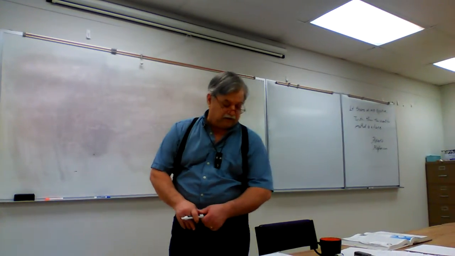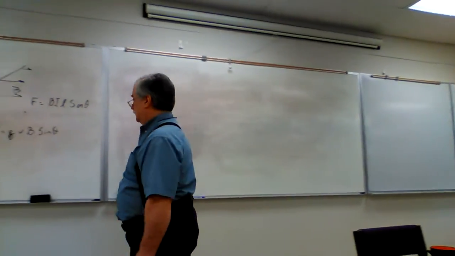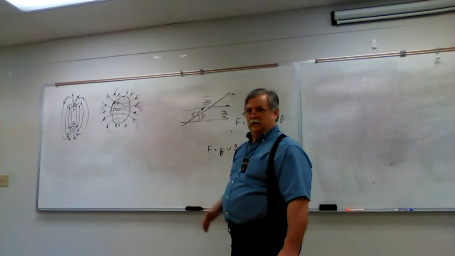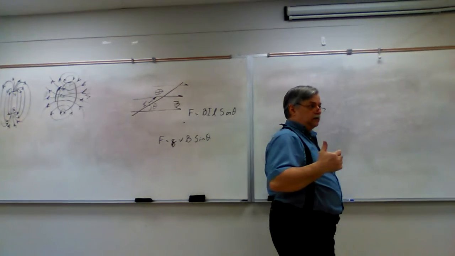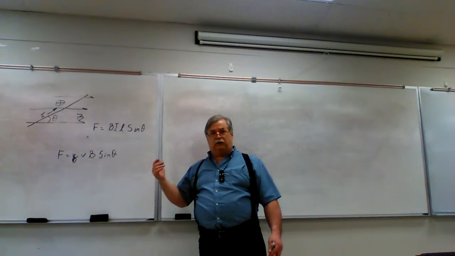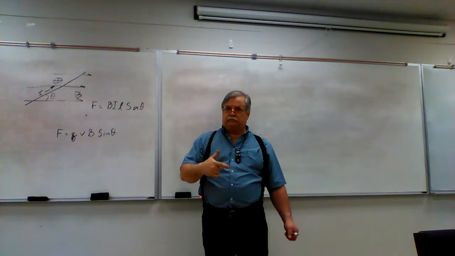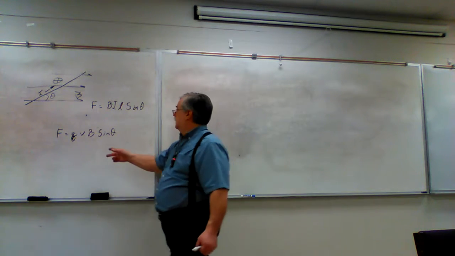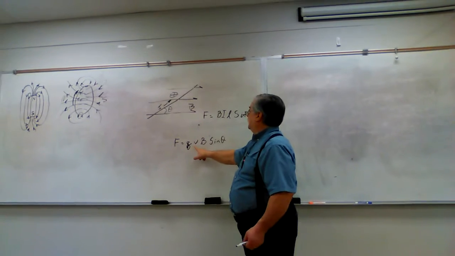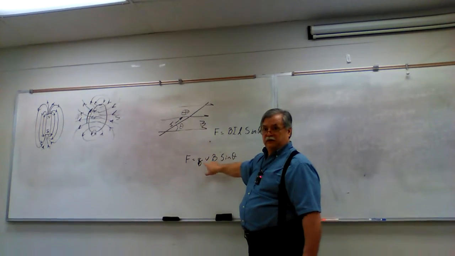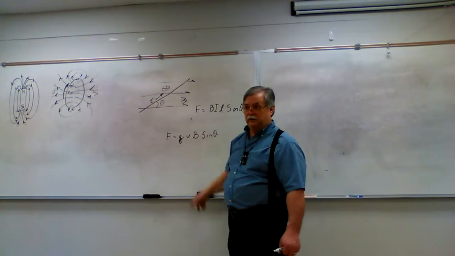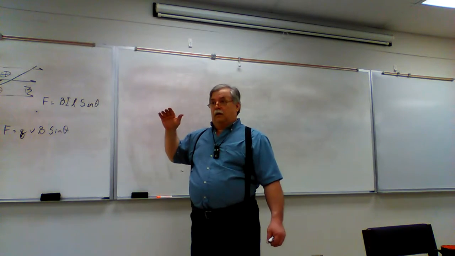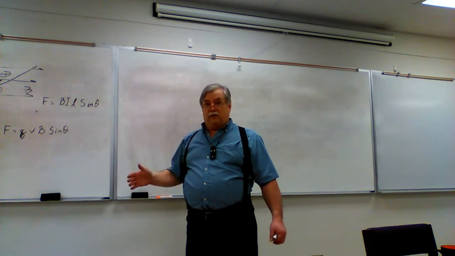And what is the direction? Again, right-hand rule of thumb. Mathematically, the interaction between the moving charged particle and a magnetic field is always a cross product. This would be a vector cross product between this velocity and this magnetic field, which means the result will always be orthogonal to both of them.